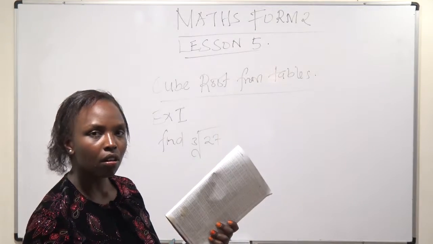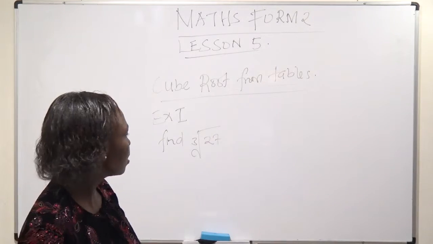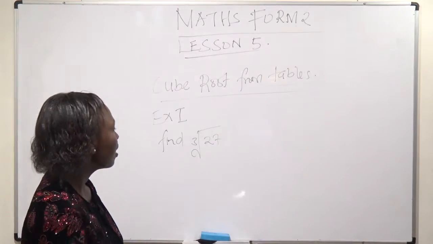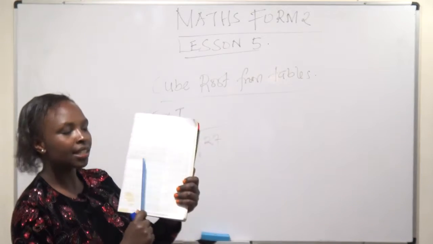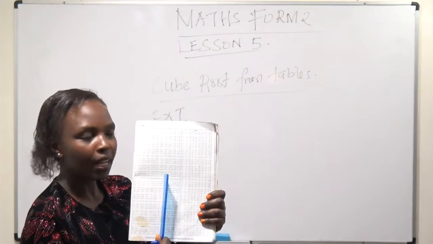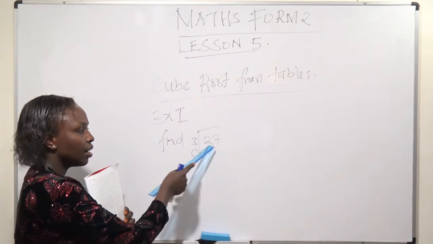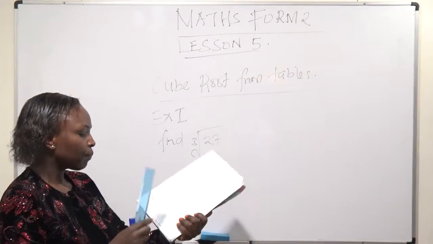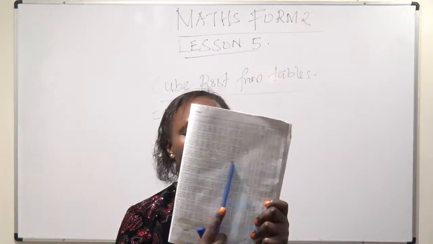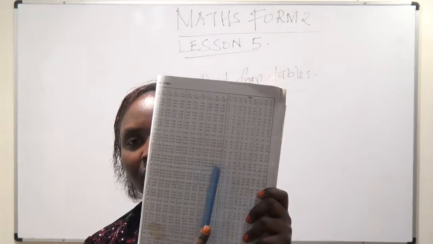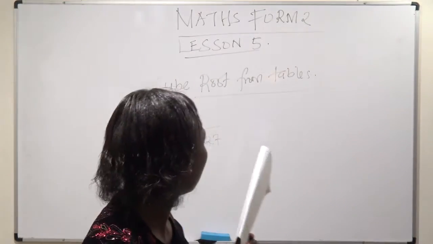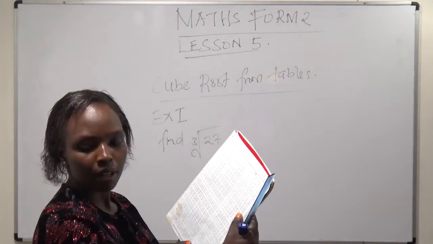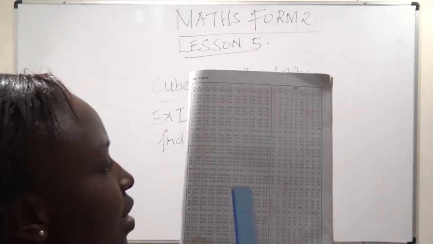But cube root is a bit of the opposite, because instead of going to the x column and looking where that number appears, we go inside the mathematical table, and look for the number that you want to get its cube root. So inside here, all these numbers is where you go to look for that number. Like now, we want to look for the cube root of 27. So you've got to come in the mathematical table, like that.